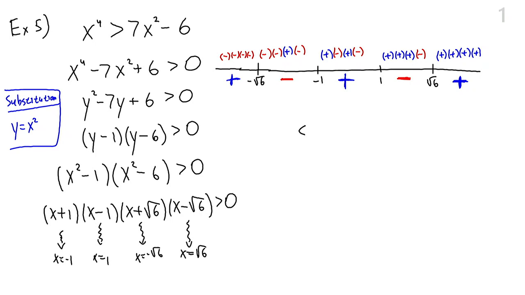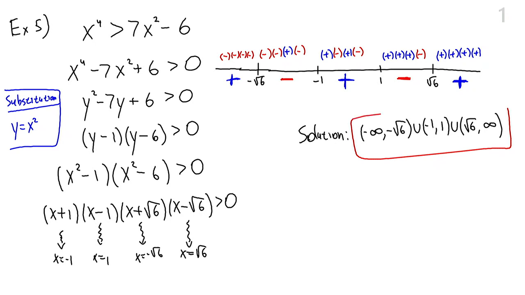And so our final solution is negative infinity to negative radical 6, union negative 1 to 1, union radical 6 to infinity. And this is our final solution. Again, if you prefer, you can take 1 test point from every single interval.